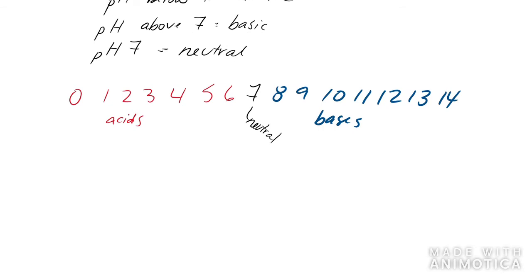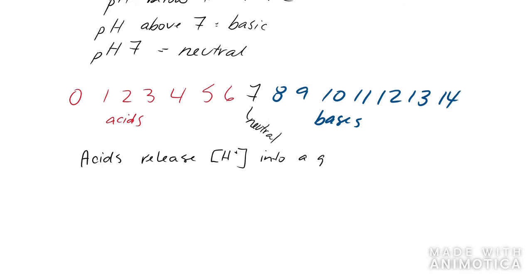So acids are special because they release hydrogen into solution. So when you dissolve them in water or you put them in a liquid, they're going to give off hydrogens. And usually if you see square brackets like this around an element or an ion, that means concentration.